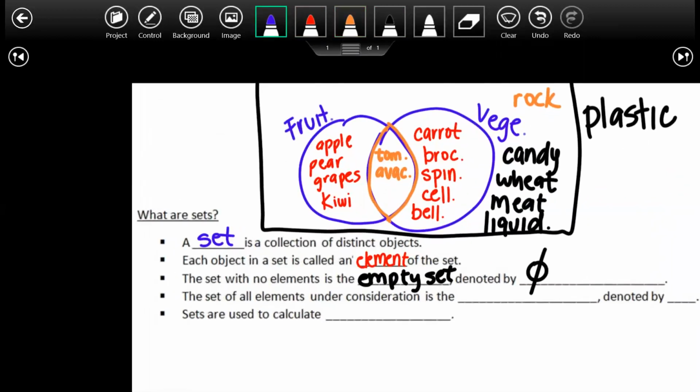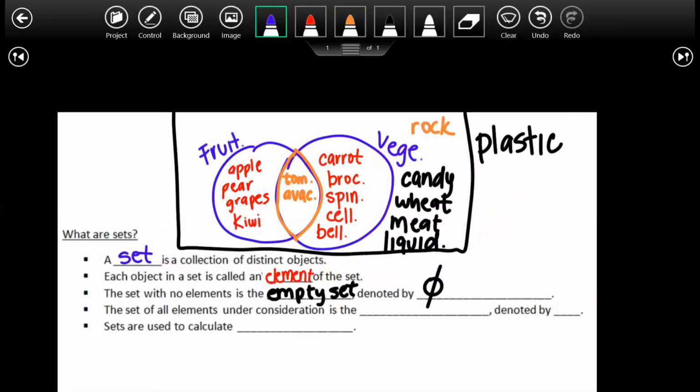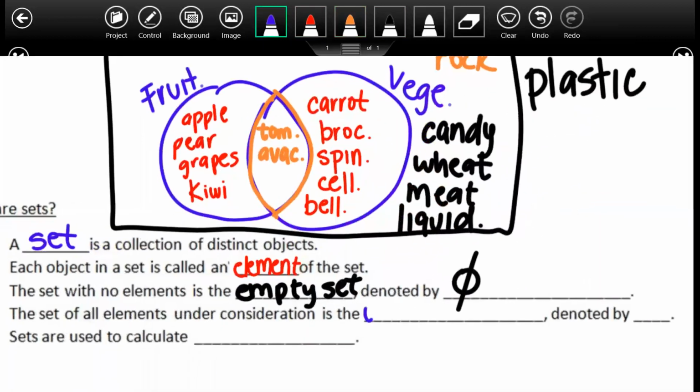The set of all elements under consideration is called the universal set. It's denoted by capital U. Whenever we refer to this, we're calling the universal set just U. It means everything.